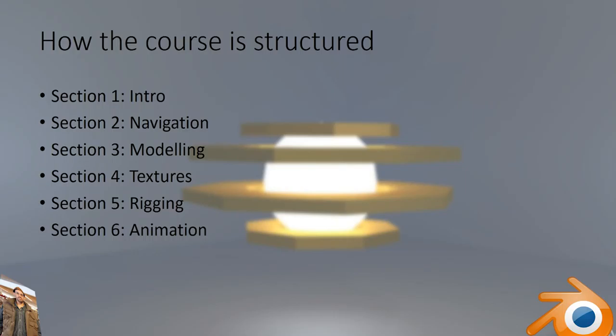Then in section 4, we've got textures, shortened for textures and materials. In this section, you're going to learn how to take the models you've created and you're going to be able to apply textures to them, materials to them. And I'm not just talking about colours. I'm going to show you something called the node editor, which is going to be your go-to place for creating real lifelike material textures.